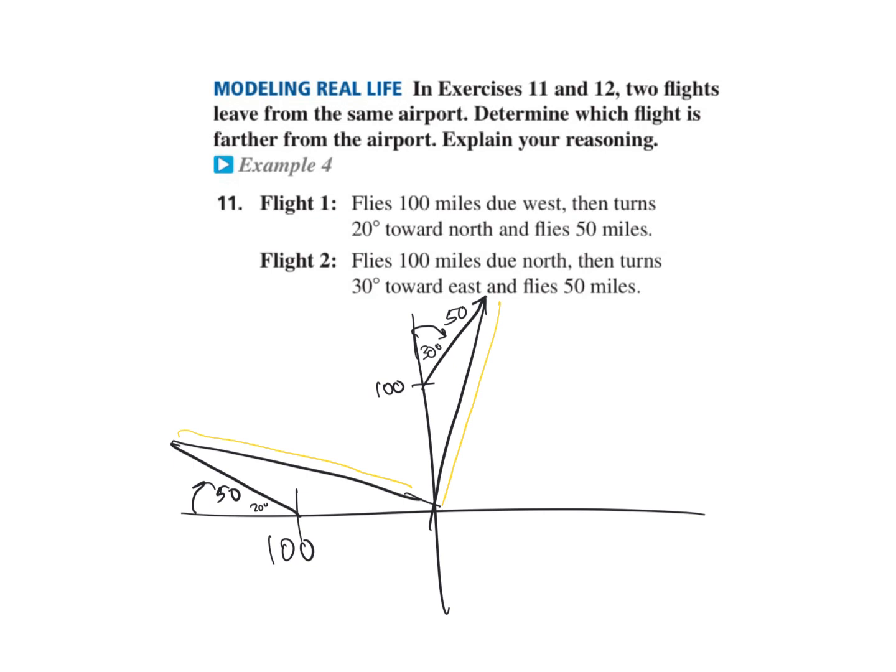If that's 20 degrees, then this angle right here is 160 degrees. And if that's 30 degrees, then this angle is 150 degrees. Obviously, the side opposite the larger number is bigger. So flight 1 is further away than flight 2.